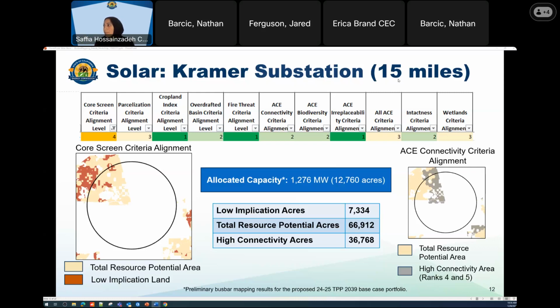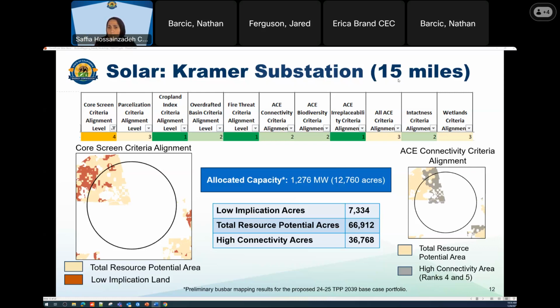But we also have to look at how much of the surplus area of that capacity allocated, how much of that area would need to be built essentially in the higher implication land.